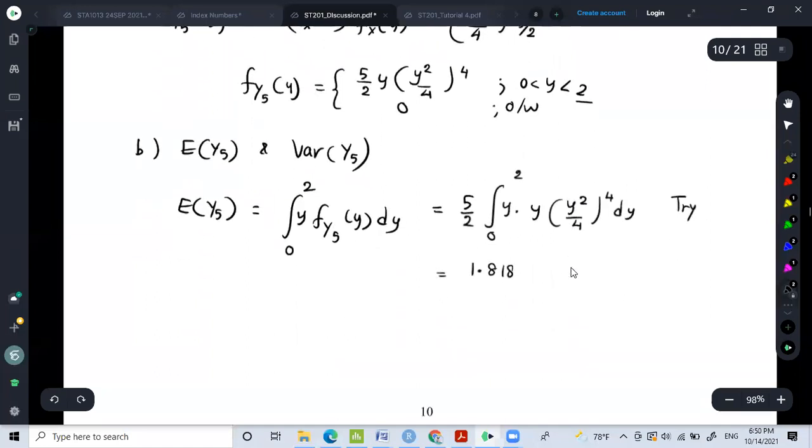And in order to find the variance, you have to find the second moment, the expectation of y5 square. So you have to do y square times fy5. Okay, and the same thing, 0 to 2. And you'll find that it is 3.33. And from that, you can find the variance of y5 or the max.